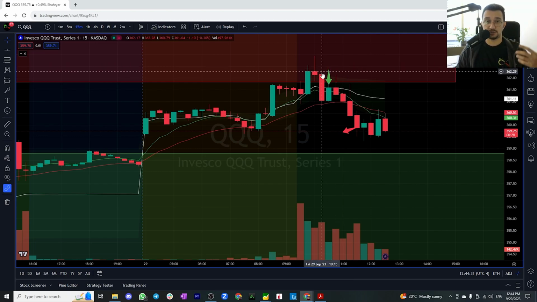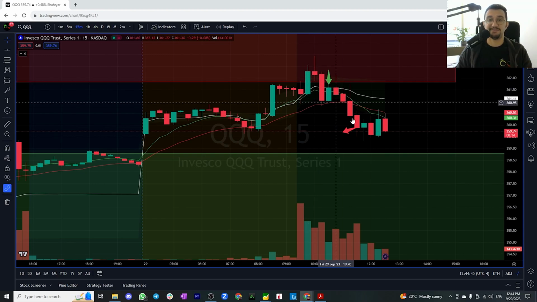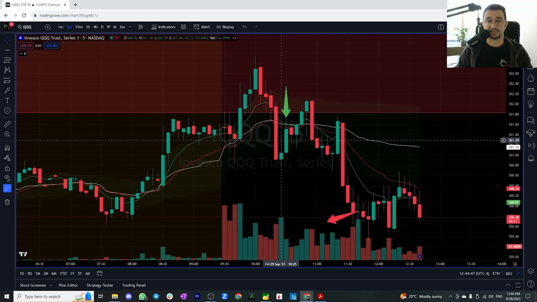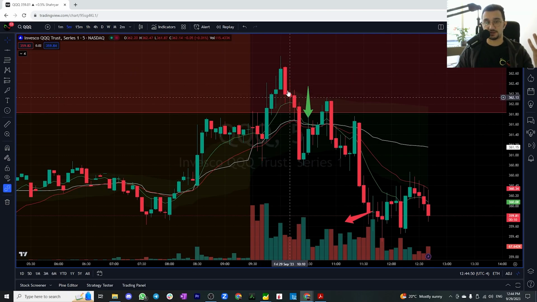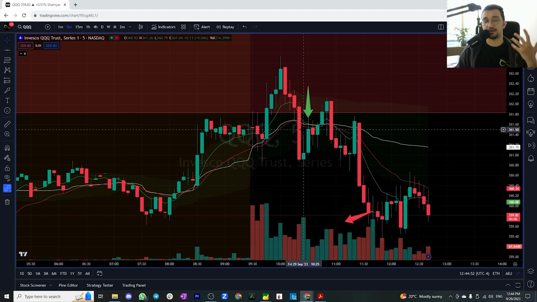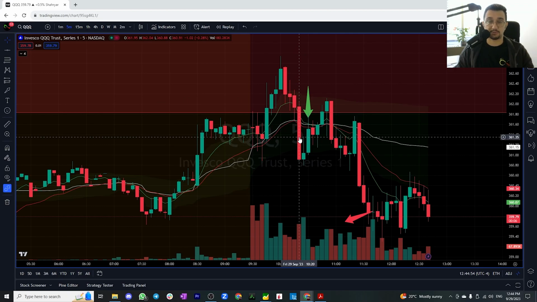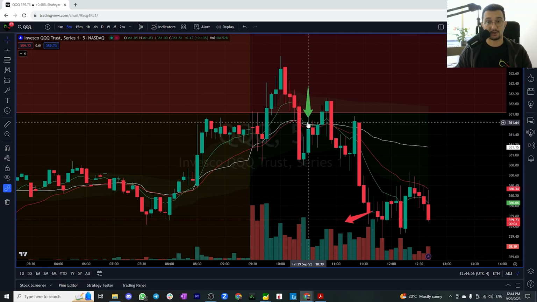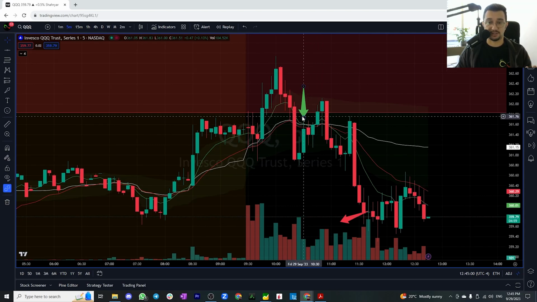This shows the seller's strength here, and with noticing that, you can be a seller here. You can be a put option buyer here and take advantage of this move. What I did was, once I saw this huge rejection and saw sellers were present and pushing the price back down, I entered puts right around this 10:30-ish zone.